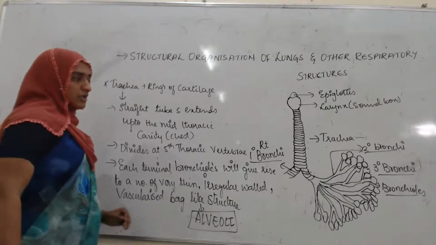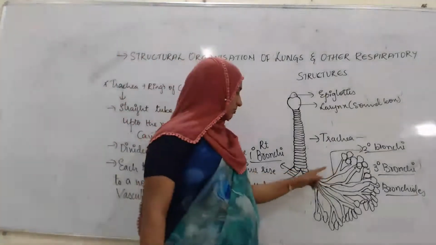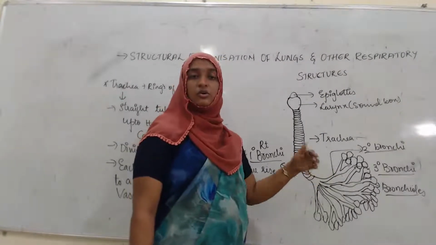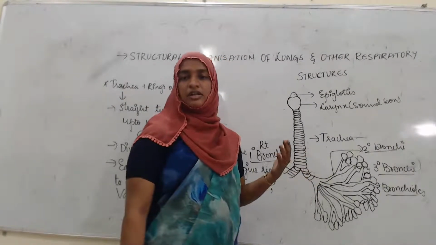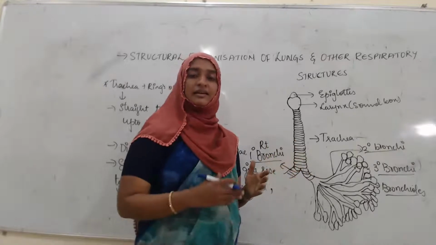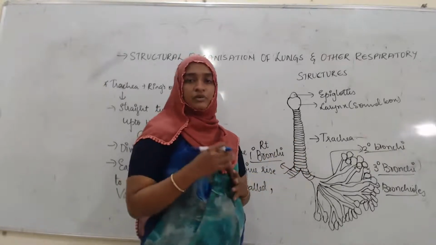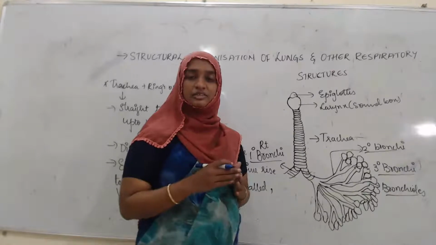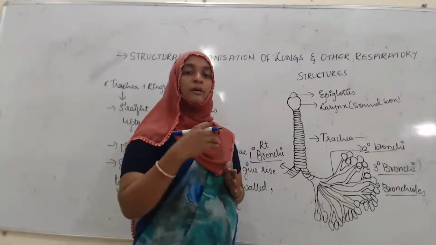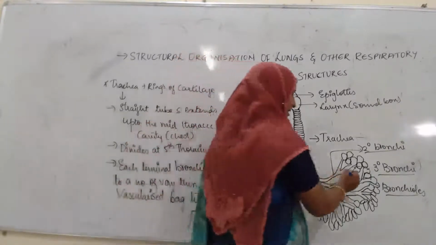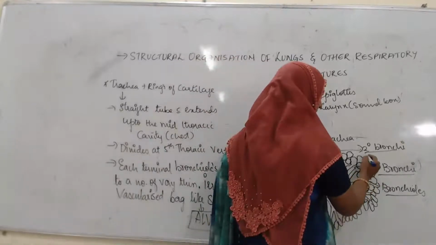Here you see the primary bronchi will undergo repeated division to form a secondary bronchi, then a tertiary bronchi. Then this tertiary bronchi will give rise to many alveoli, like this.